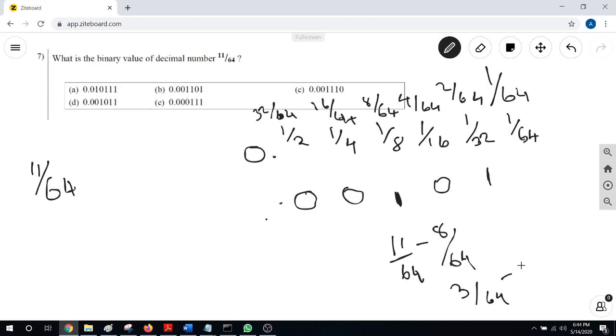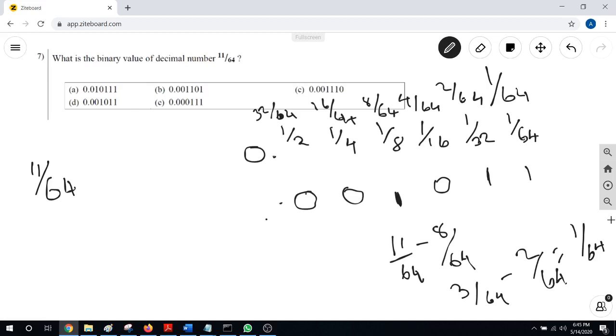Now again we have to subtract. 3 divided by 64 minus 2 divided by 64 is 1 divided by 64. Now again we keep doing the same thing. Look at this, yes, 1 divided by 64. We need 1 divided by 64, so it is going to be 1. Then 1 divided by 64 minus 1 divided by 64 is 0.